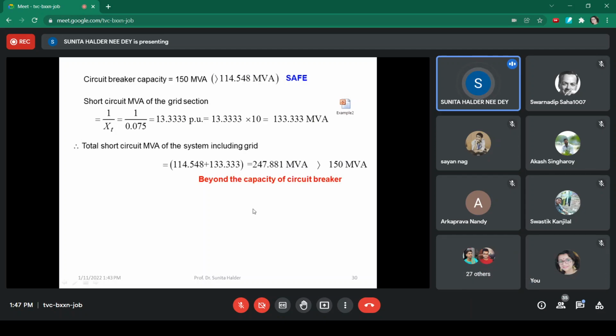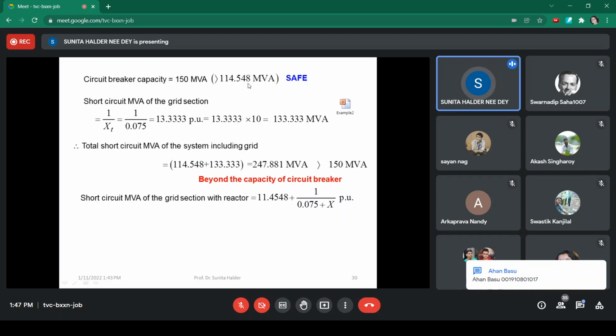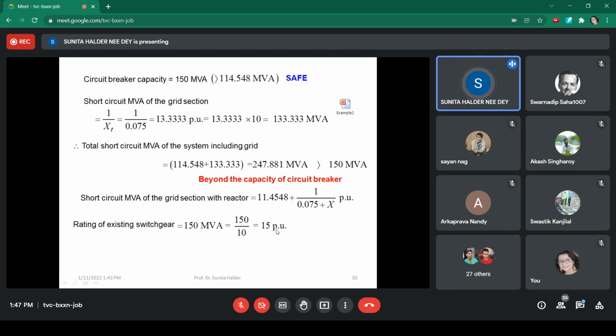So for that reason, we need one reactance, right? So this reactance will limit the current by how much? Because actually 114.54 was there. So in our hand there was some allowance, 150 minus this one. That allowance we may use for the incoming grid using this reactance. So the summation of these two will be equal to the circuit breaker capacity.